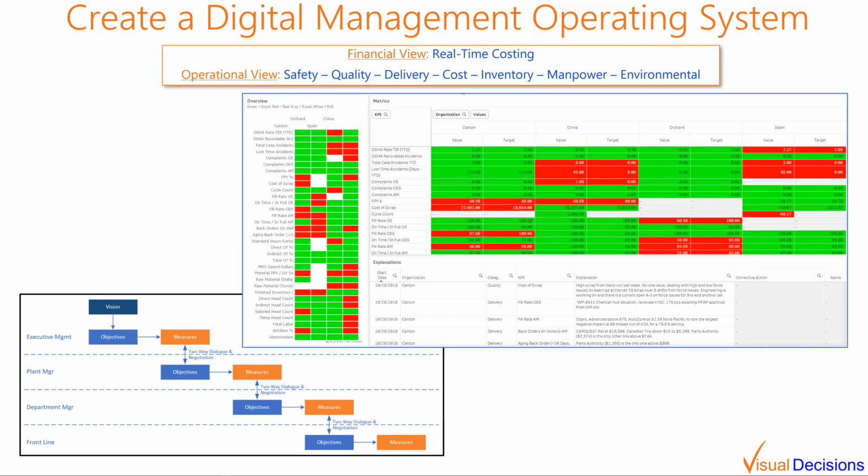How do I measure the cost of a safety miss? So those are the things that are very important and very critical to having that common understanding and the common approach to the business, and getting agreement on how those metrics are actually dollarized is very important for putting that management system in place.